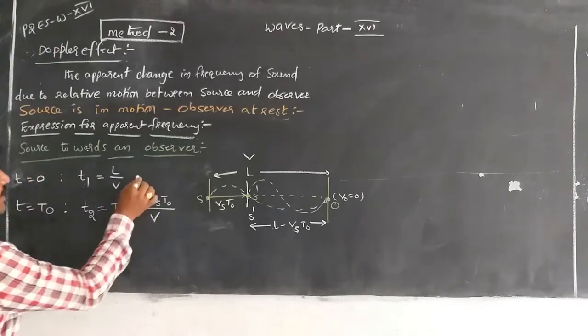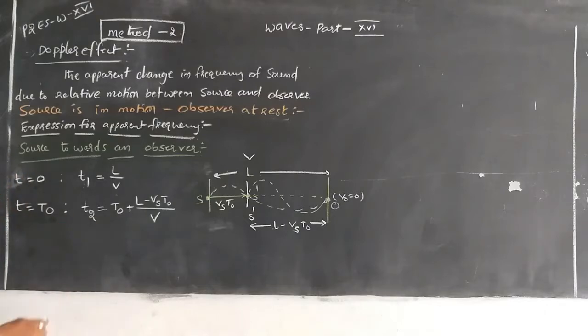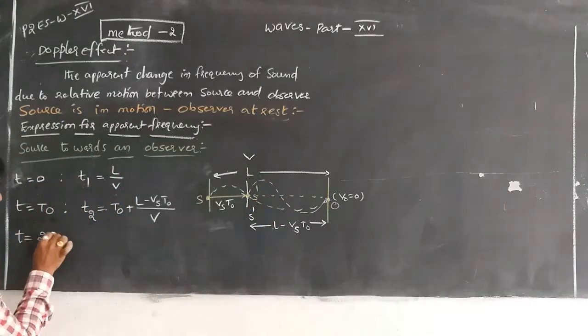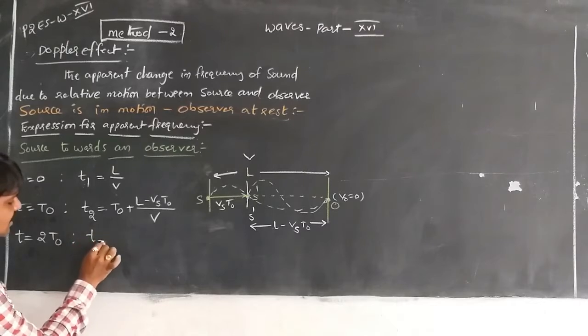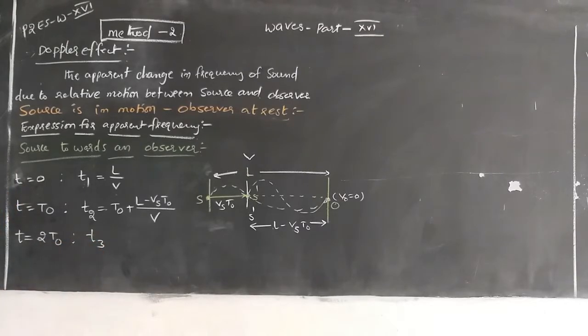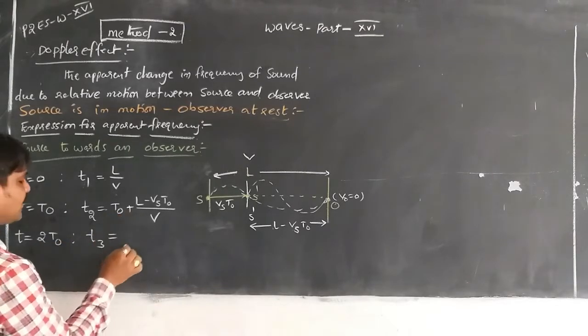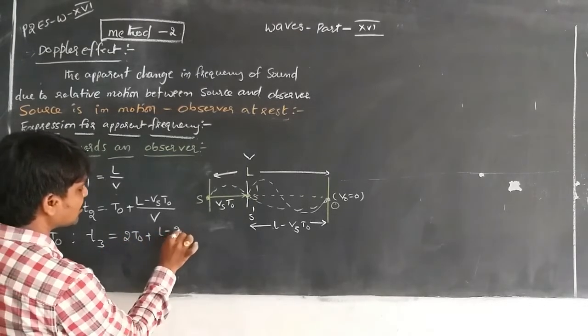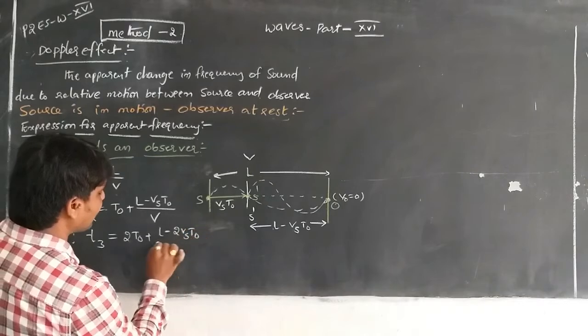Similarly, after the source travels to some further point S double dash, when t is equal to 2t naught, the third wave is released, and t3 is equal to 2t naught plus L minus 2 Vs t naught by v.